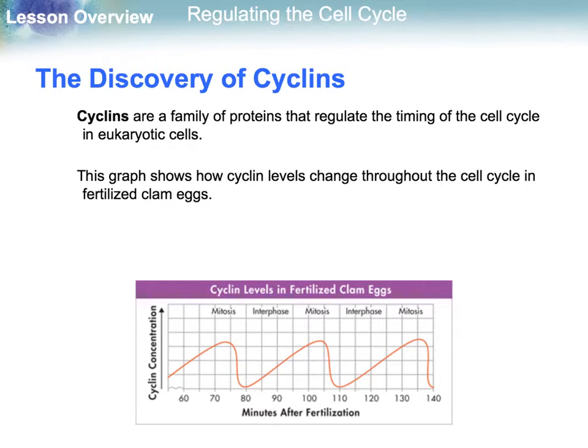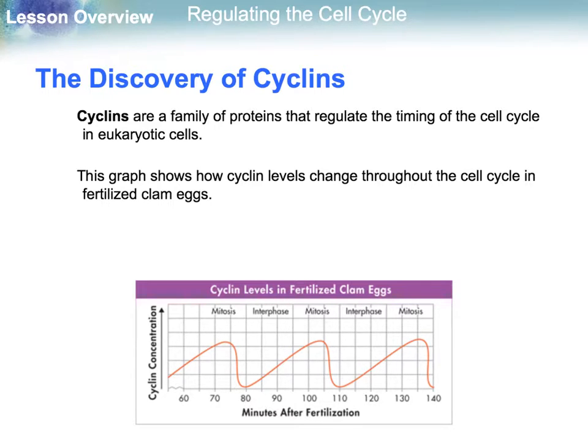One of the key proteins in the process of cell division is called cyclins. Cyclins are a family of proteins that regulate the timing of the cell cycle in eukaryotic cells. This graph shows how cyclin levels change throughout the cell cycle in a fertilized clam egg.